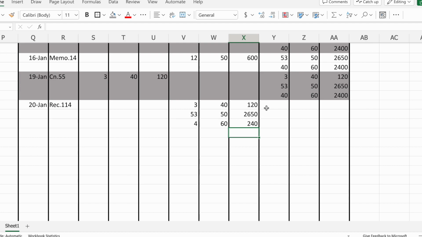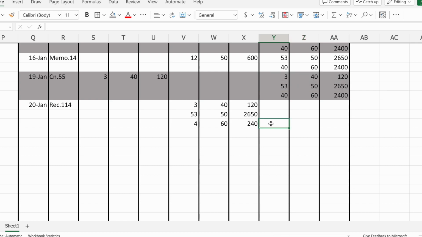So that's the amount. Now 340 and 3 times the $40 ones are taken out, and 53 times the 50 ones are taken out, meaning the balance of the $40 one and $50 one is 0.